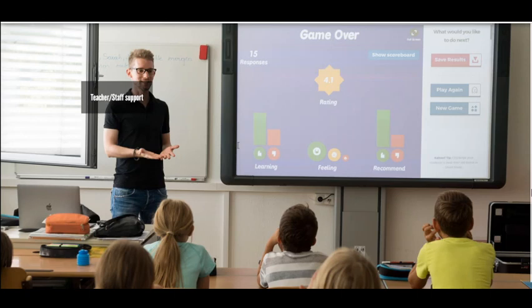When we think about teachers and staff, really important. A couple of things here: clarity, and the clarity of what you're actually doing as far as digital learning in school.